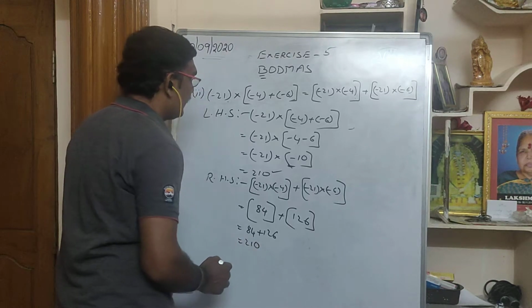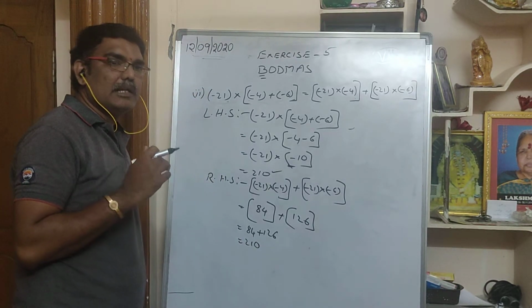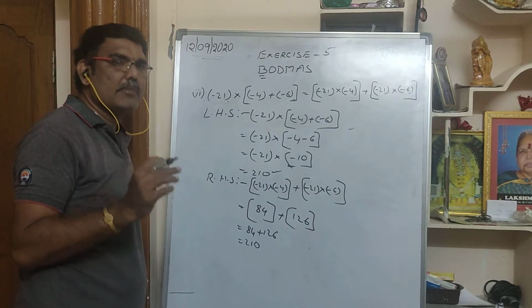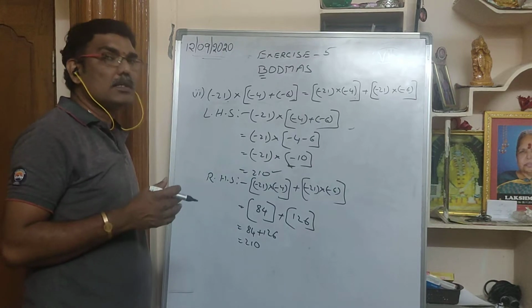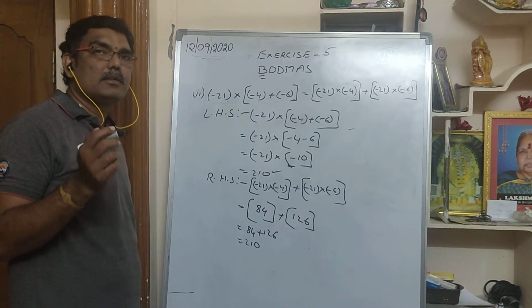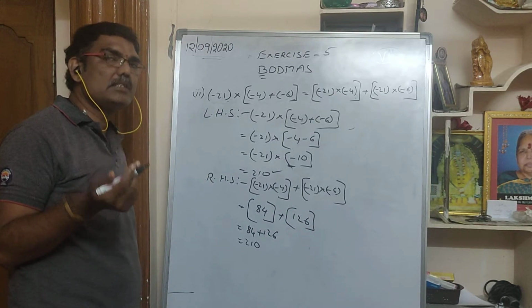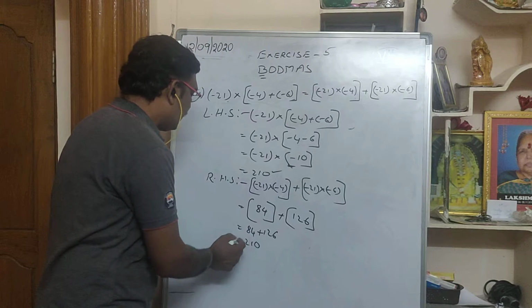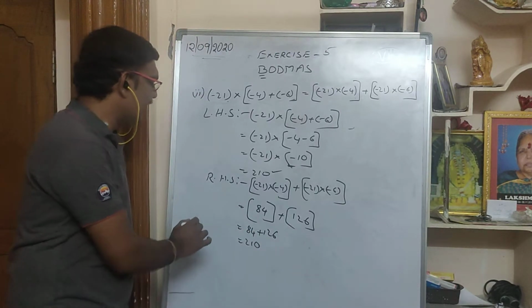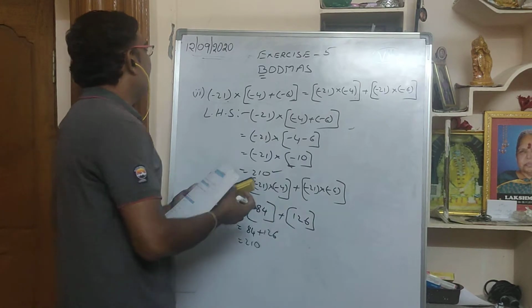So you got 210. In LHS, what answer did you get? In RHS also you got the same answer. So we verified the question. LHS is equal to RHS, hence verified. You have to write it here. After writing up to here, you should not stop. You should write LHS is equal to RHS and hence verified.